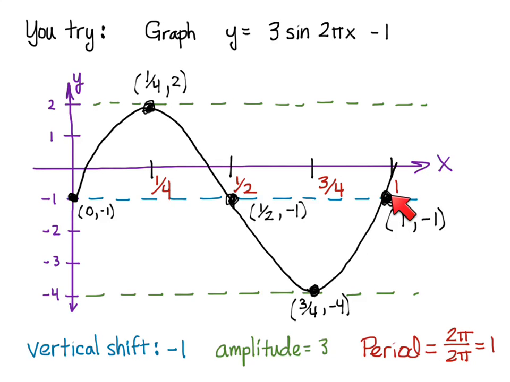Since I calculated my period to be 1, then I know that I'm going to be at this point where it crosses over my bias at 1/2 of whatever this was, and since this is 1, it's simply 1/2. And then this is 1/4 of the way, and this is 3/4 of the way.